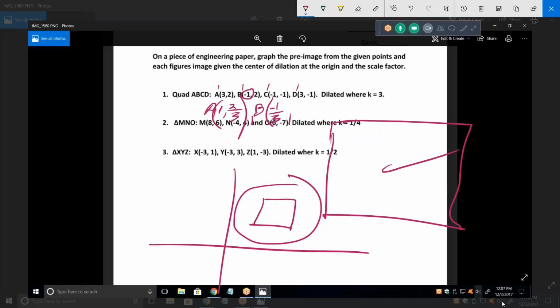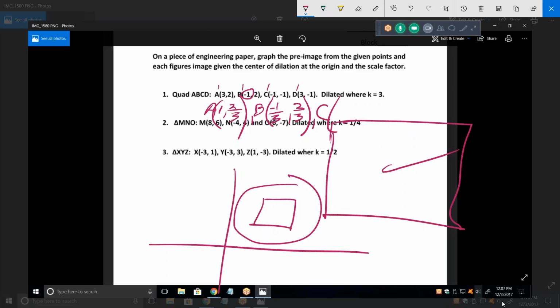So what's the y coordinate on B? 2/3. 2/3. And C? 1. You're taking every number you see and you're dividing it by 3. Yeah, for 3.